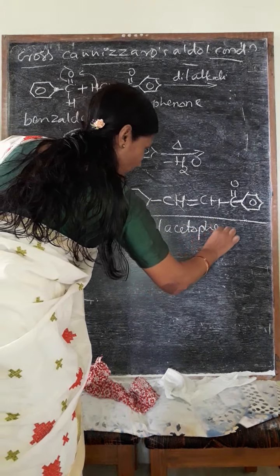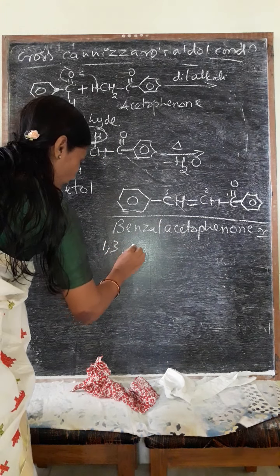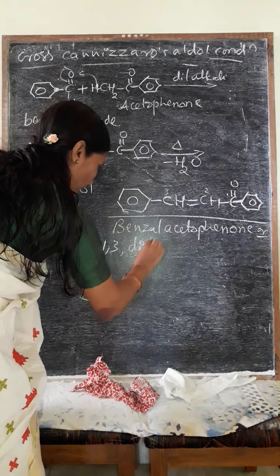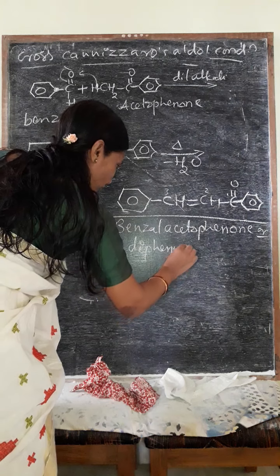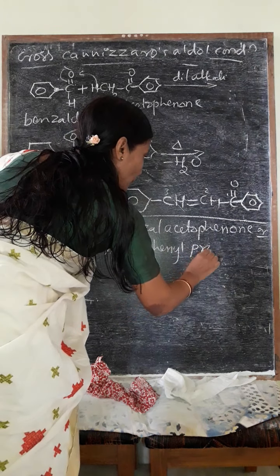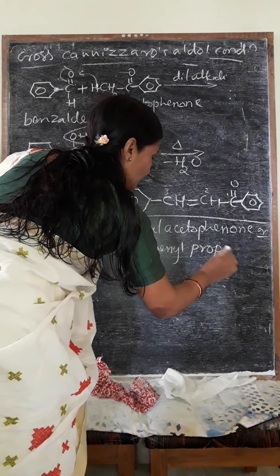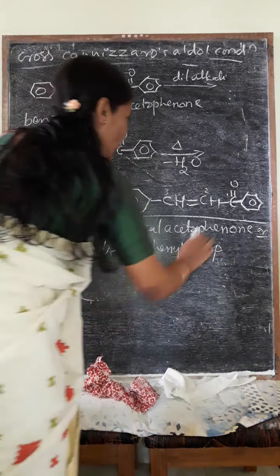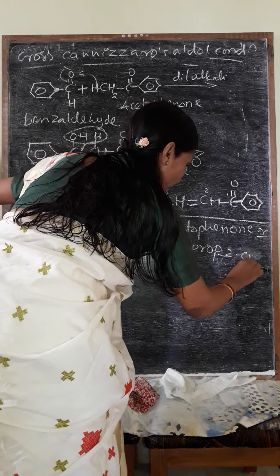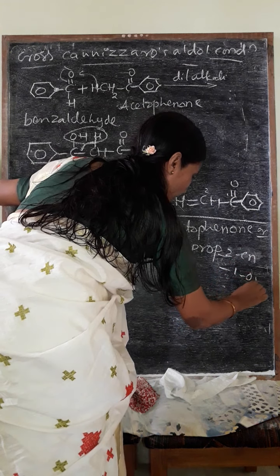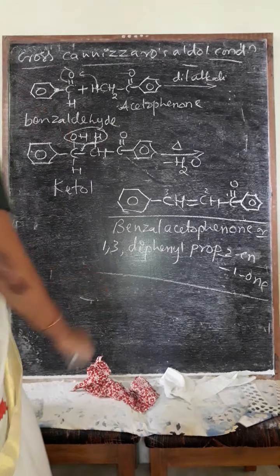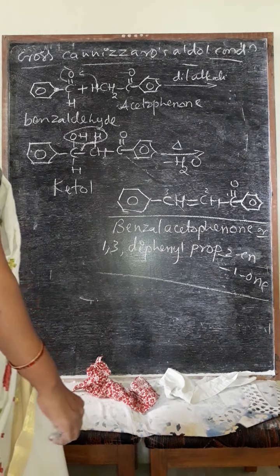Hence it has a phenyl on carbon 1 and on carbon 3: 1,3-diphenylprop-2-en-1-one. This is the IUPAC name.